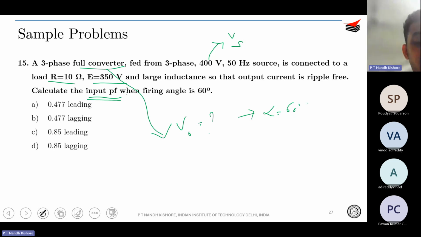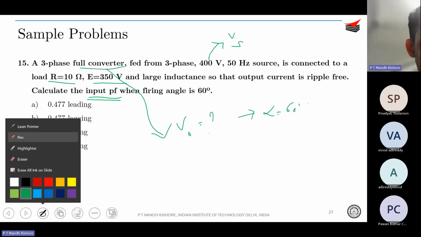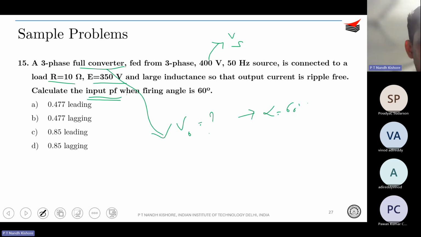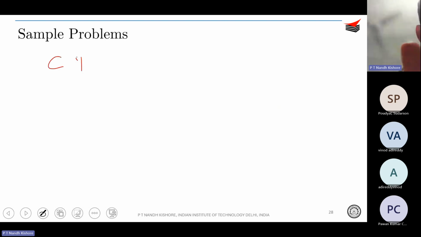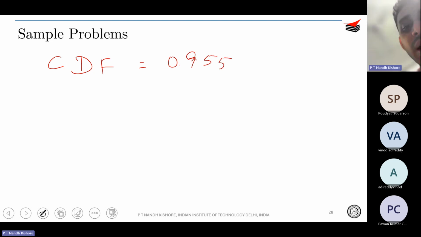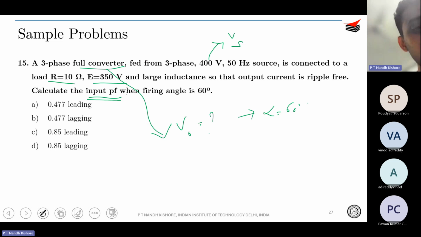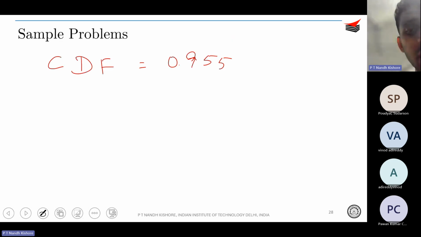Okay, so you always note one thing. Earlier we saw what was the current distortion factor, right? The current distortion factor turned out to be 0.955. Correct? We saw this in one of the previous questions as well. For a three-phase full converter, the current distortion factor is 0.955.